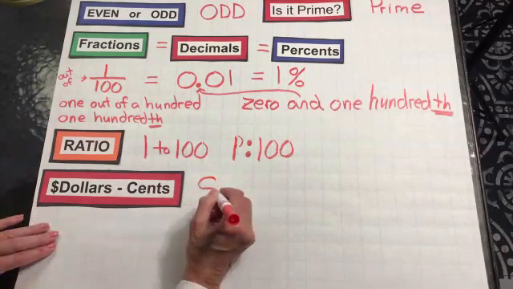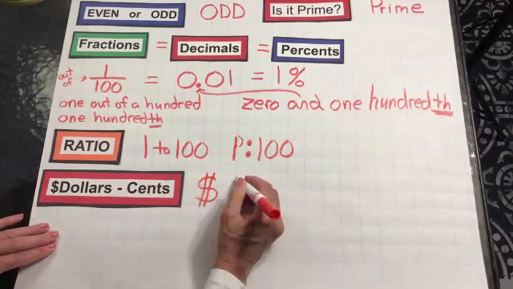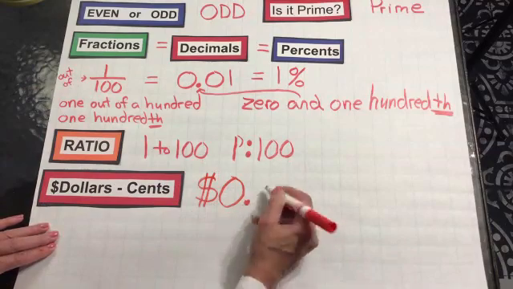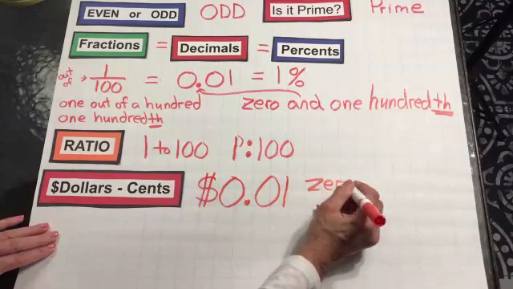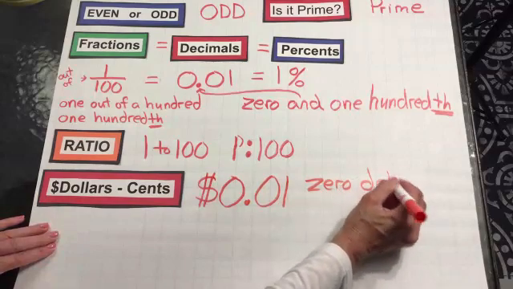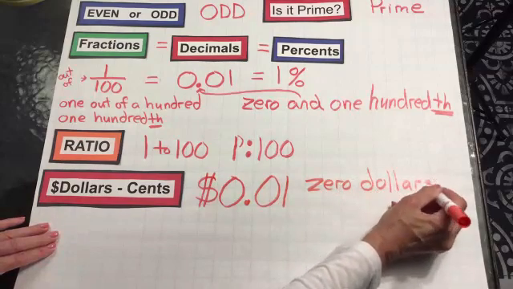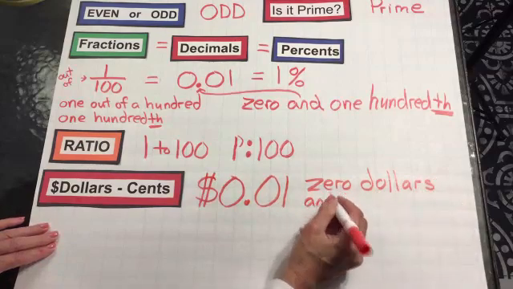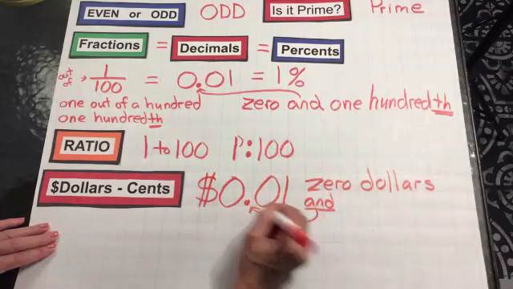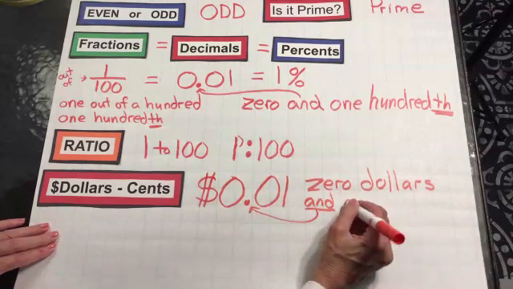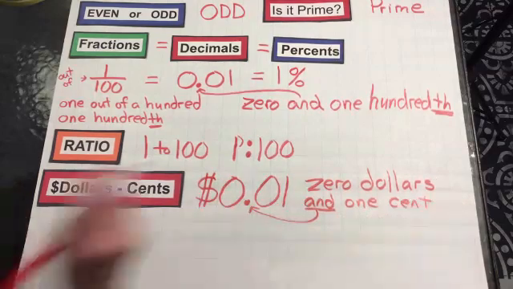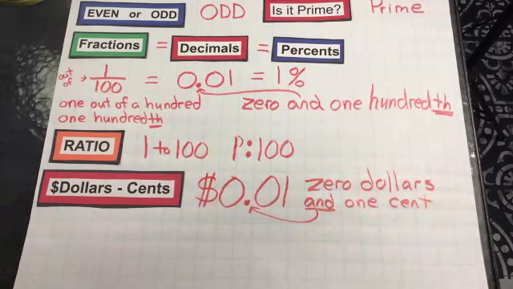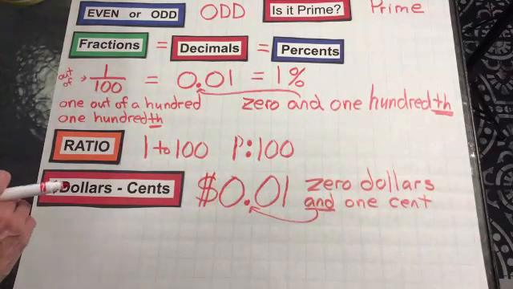So we're going to have the dollar sign, and then we have $0.01, and that's how we would write it. $0, and always use that "and" for the decimal, and 1 cent. Looking good. All right. So we're onward and upward.